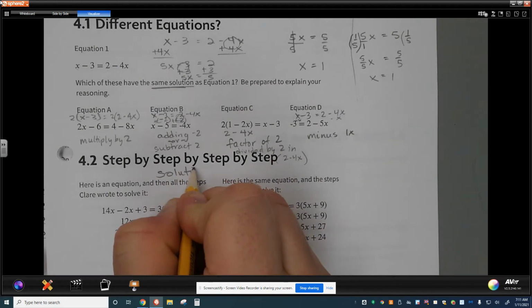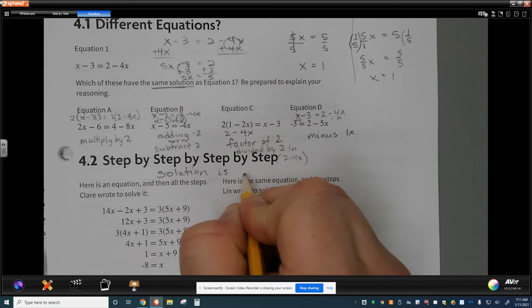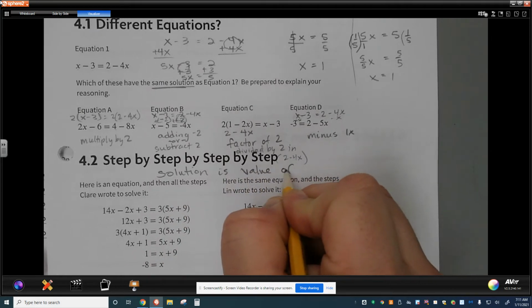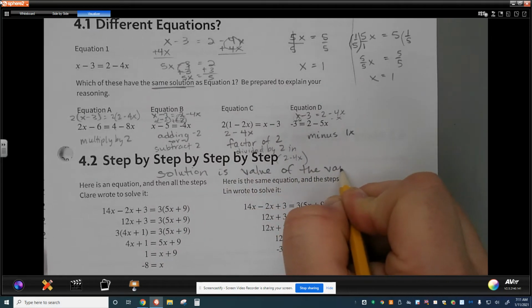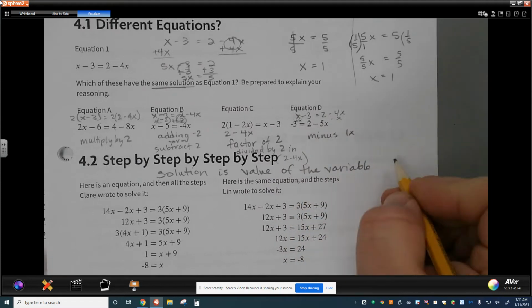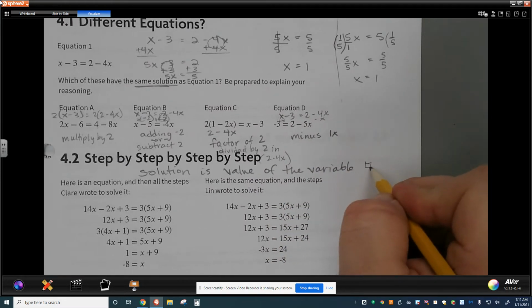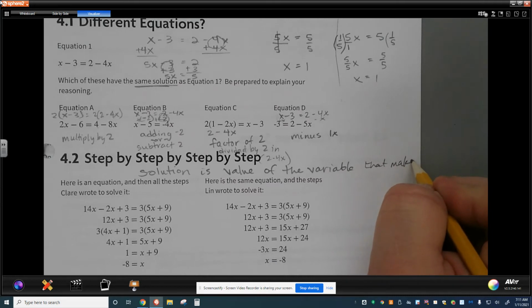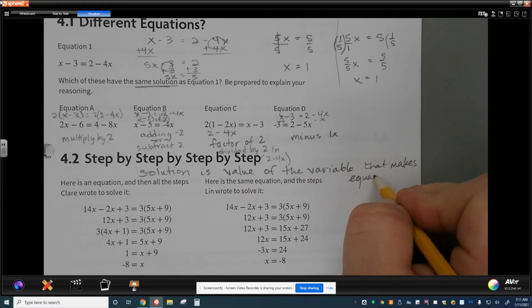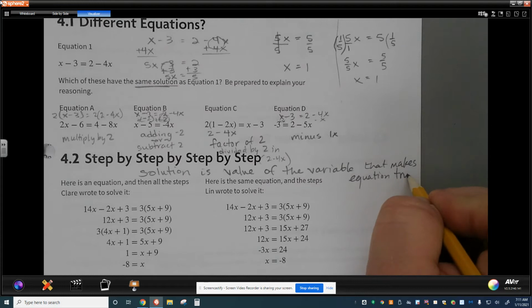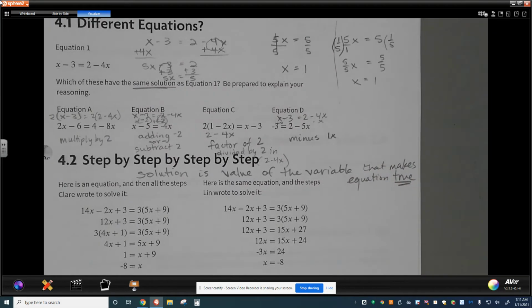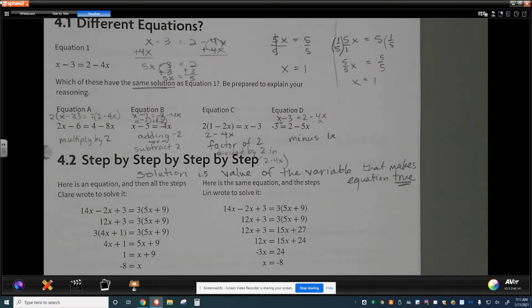A solution is the value of the variable that makes the equation true. So it has to make that equation true. If the equation comes out false, then we know that we have the wrong answer.